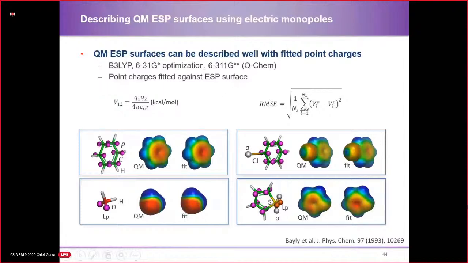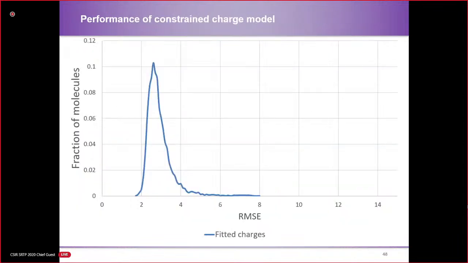Although we employed a slightly complicated charge model, not just a simple charge model, but a constrained charge model, which I will not go into detail today. So what the performance is, this is basically the baseline.